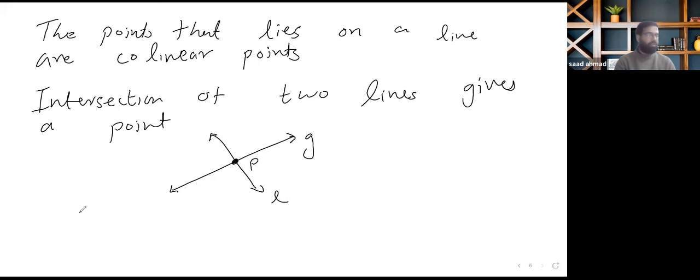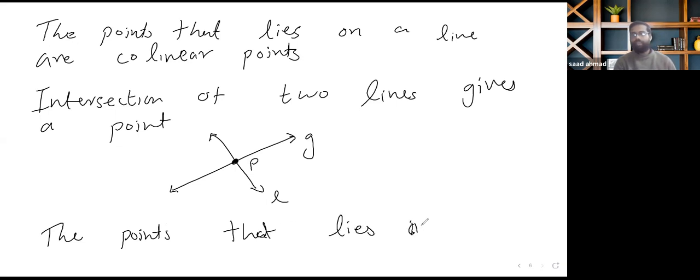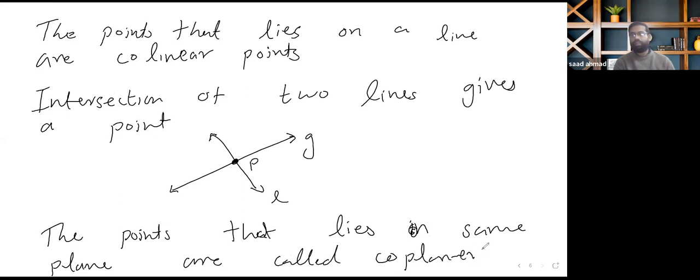All right. The other thing that we were looking at was the planes, right? Similarly, the points that lie on the same line are called collinear points. The points that lie in the same plane are called coplanar points.